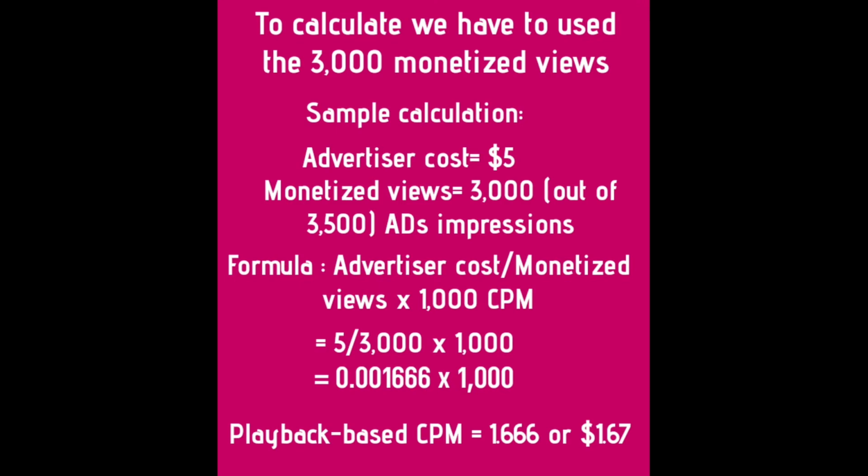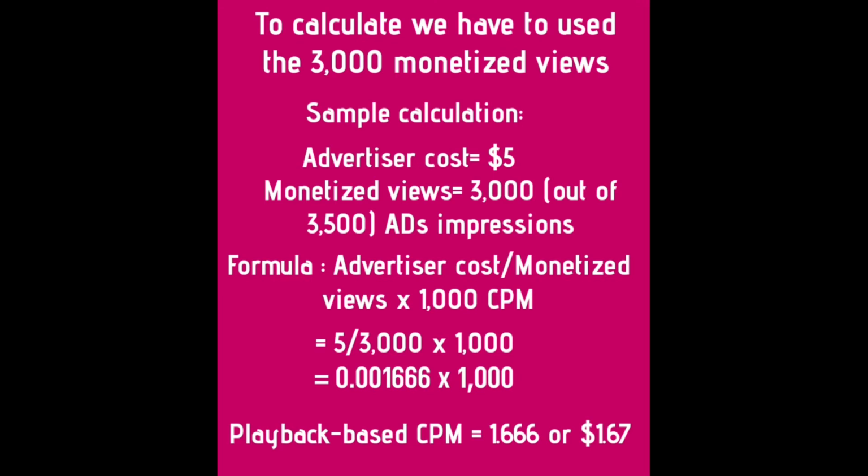Again, advertiser cost over monetized views times 1,000, CPM equals 5 over 3,000 times 1,000 equals 0.00166 times 1,000. May repeating dyan na 6. Note, hindi natin kukuhanin lahat ng numbers. Yung gagamitin lang natin ay 6 na digits lang.